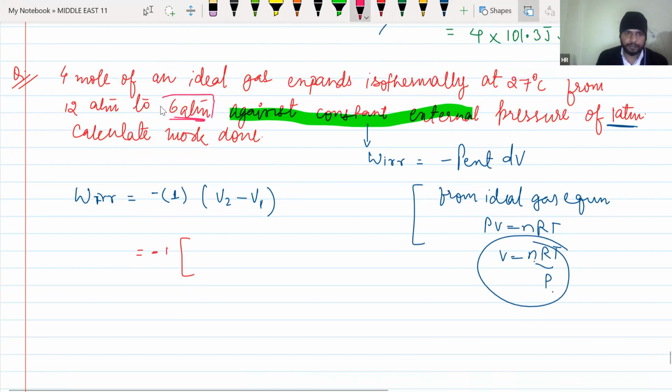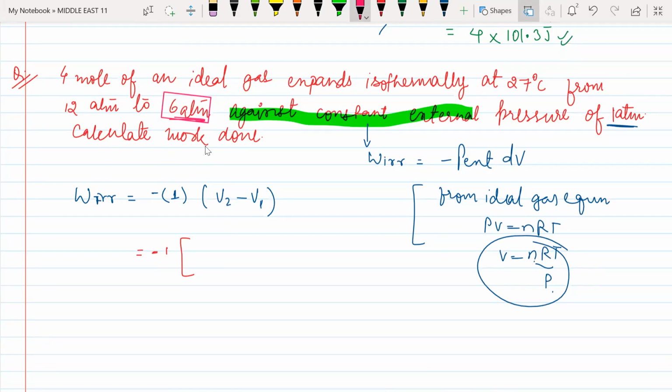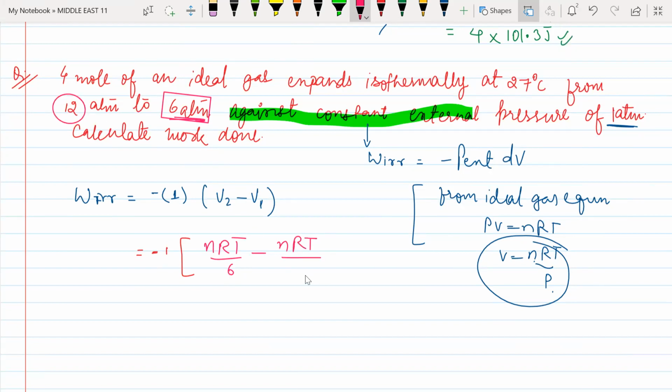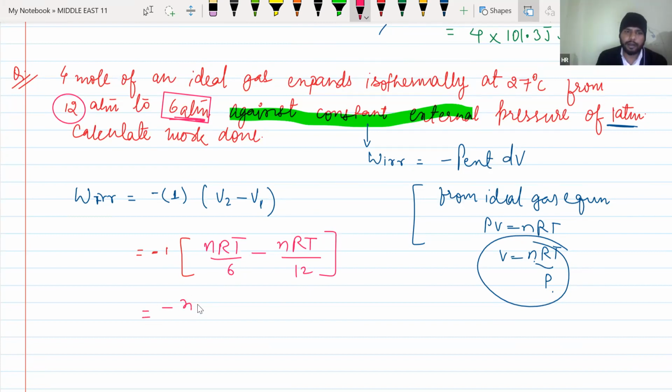This 6 atm, because it is against V2 for P2, then it will be nRT upon 6 minus nRT upon 12 for V1, and you can solve it by taking common nRT into 1 by 6 minus 1 by 12.